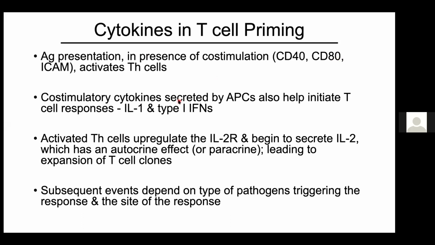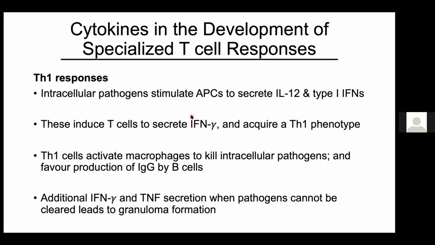So the other co-stimulatory cytokines that can be expressed that are soluble, like interleukin-1 and type 1 interferons, they're also important in initiating T cell responses. We've talked about upregulation of the receptors. So for example, when a T cell is activated and produces interleukin-2 to act either in an autocrine or a paracrine effect, you also need upregulation of the interleukin-2 receptor, okay?